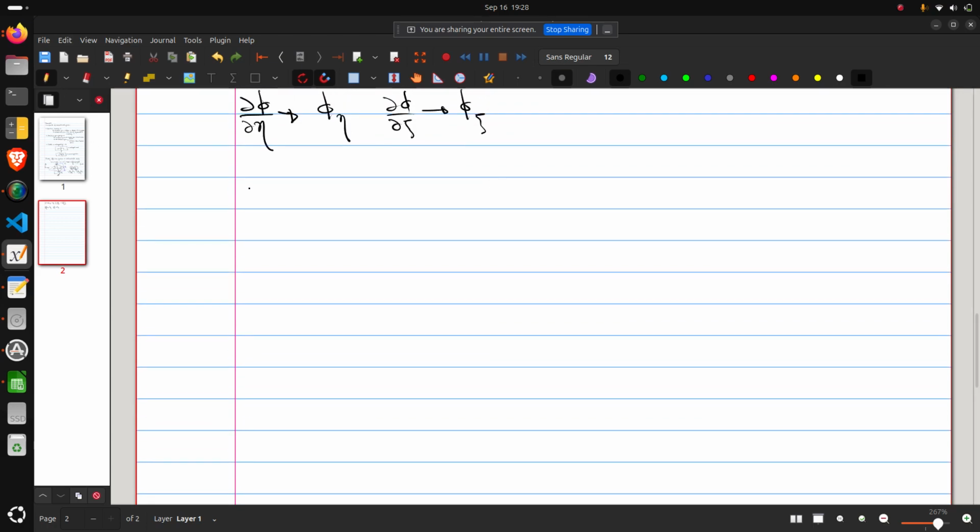Now using the chain rule, dou phi dou psi we can write as dou phi dou x times dou x dou psi plus dou phi dou y times dou y dou psi.